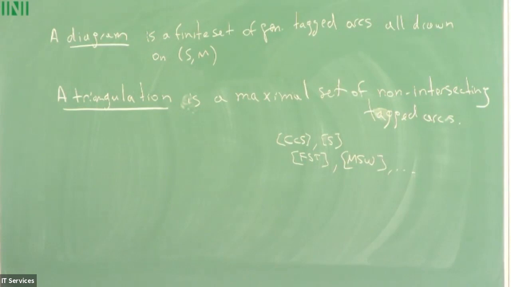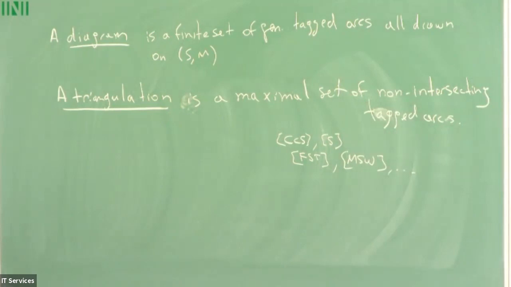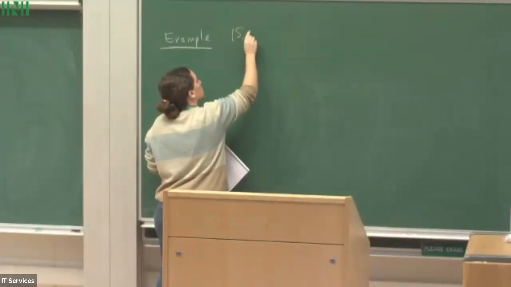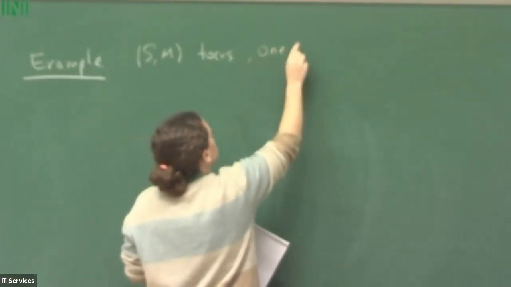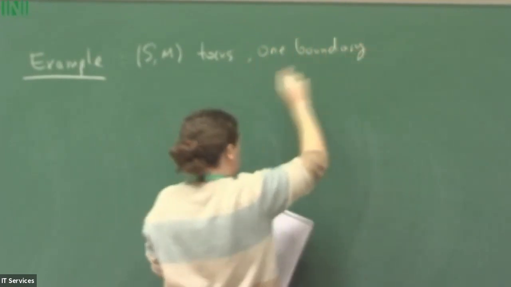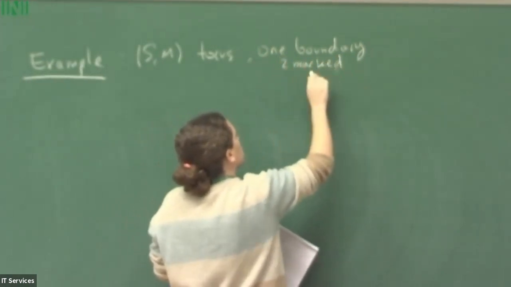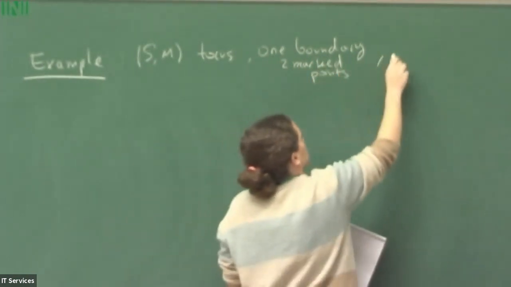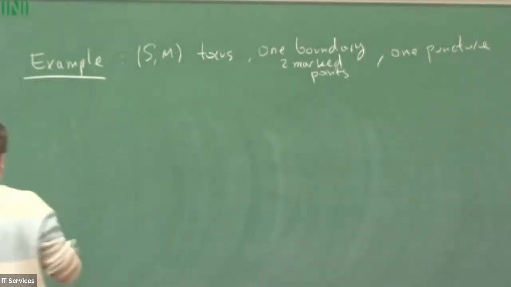And I go now for an example. I'm going to take S and M to be a torus with one boundary, two marked points at the boundary and one puncture. And I'm going to pose the triangulation.